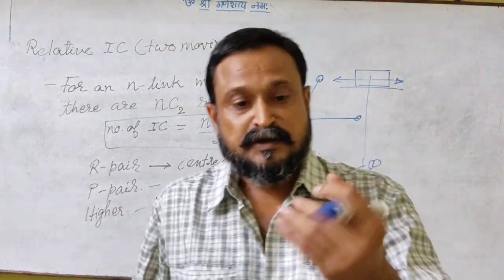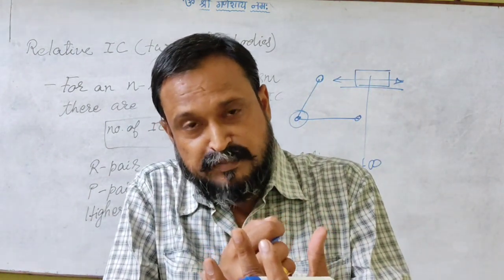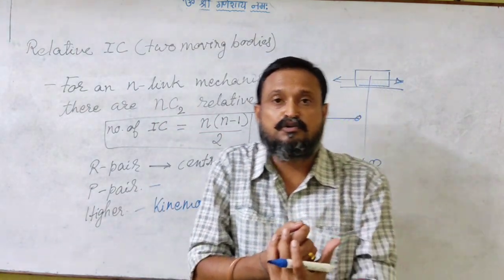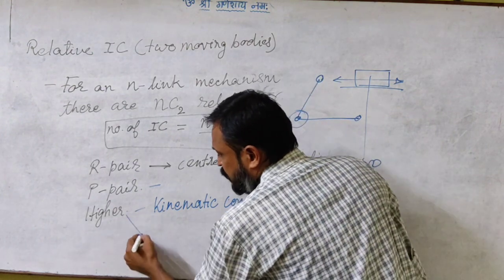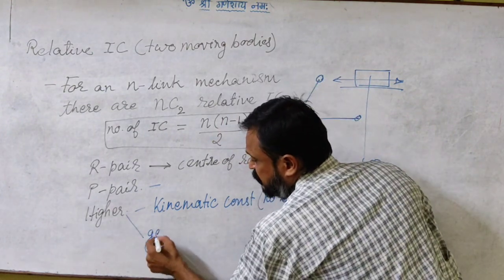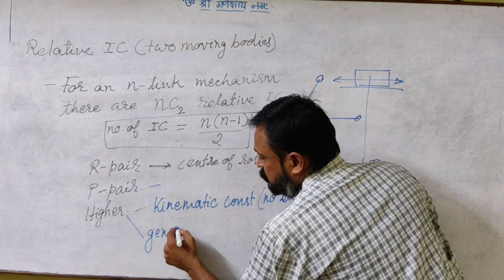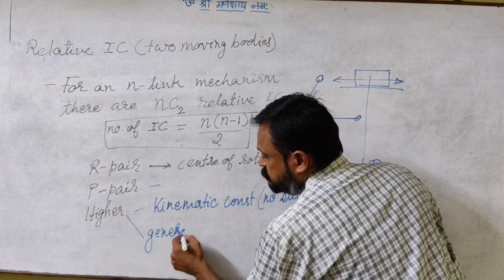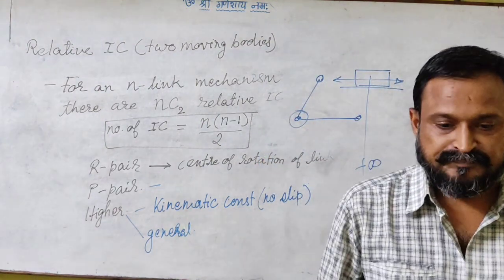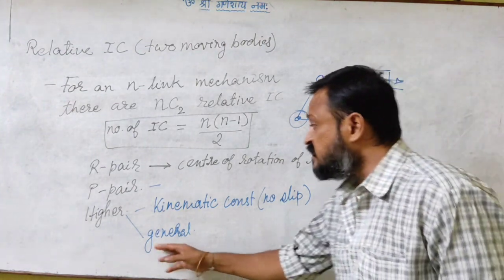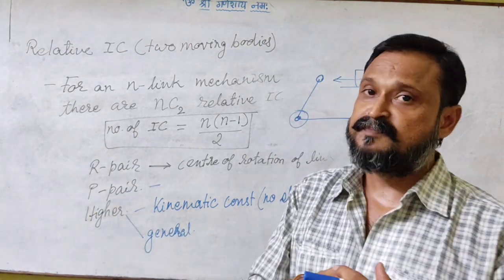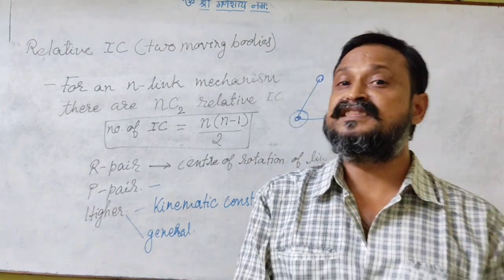In that case the point of contact between body 1 and body 2 will be the instantaneous center. And for higher pairs with general pairing, that means maybe slip is allowed.